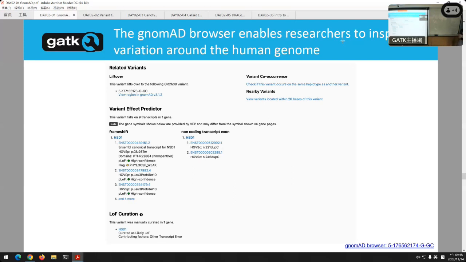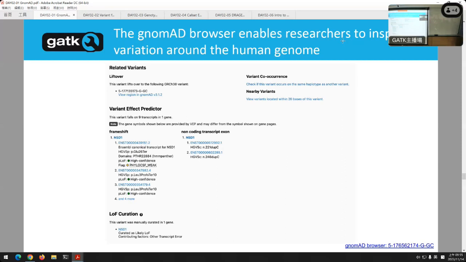They're different from what they were in the reference, and that will likely lead to early protein truncation as well. And so that also means that we annotate this as a probable loss of function variant.